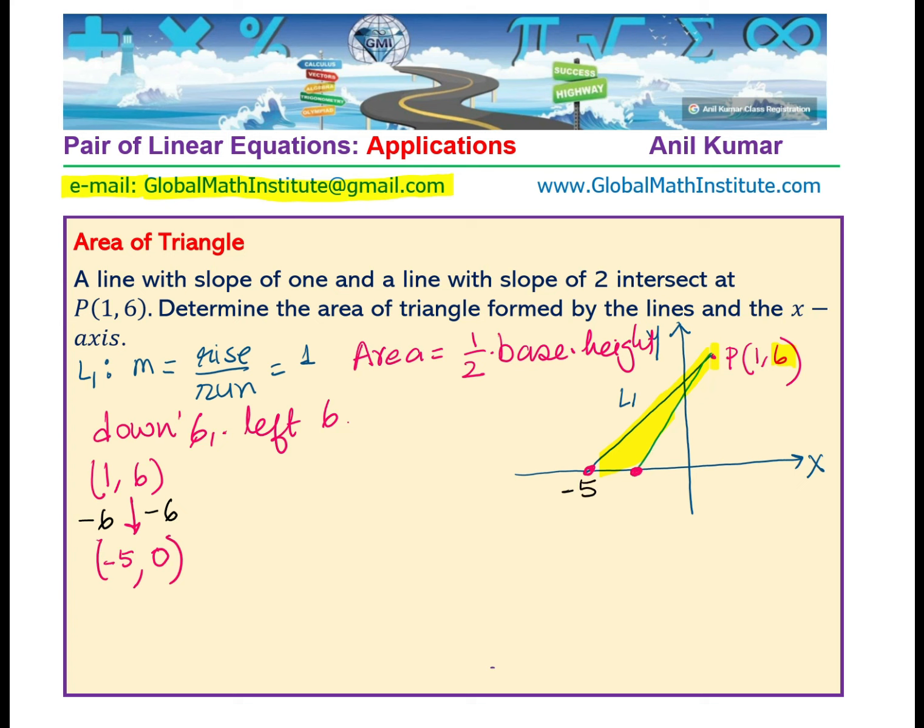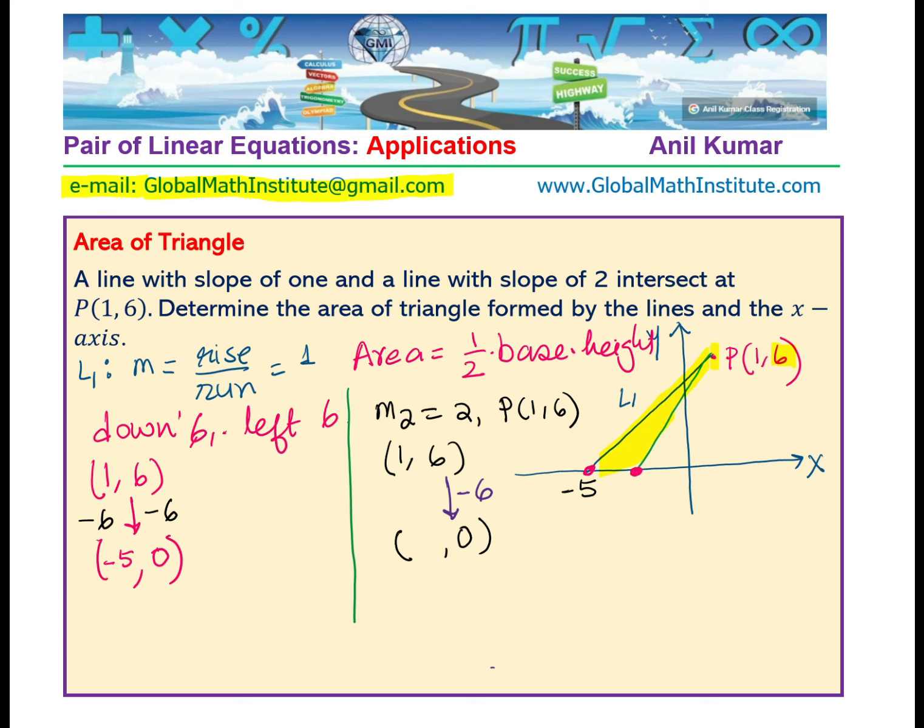Using the same concept once again, we start with slope of 2 for the second line and the point (1, 6). Slope 2 means rise over run is 2 to 1. The ratio is 2 to 1, right? So if I want to go from (1, 6) to a value where the y value is 0, that means for y, I am coming down by 6, minus 6.